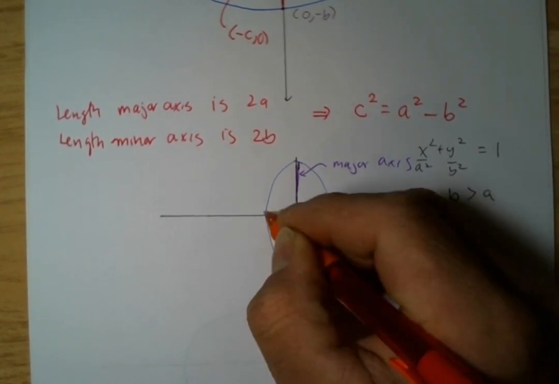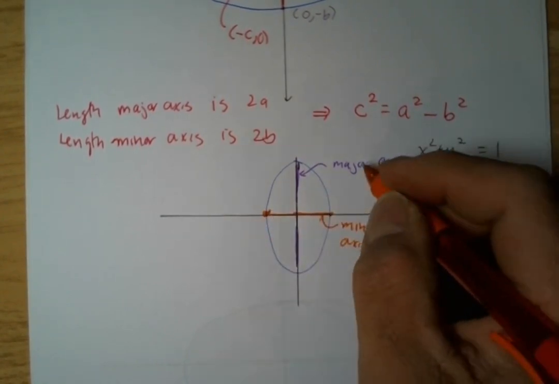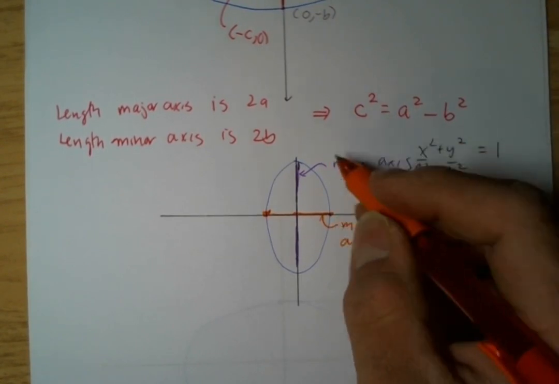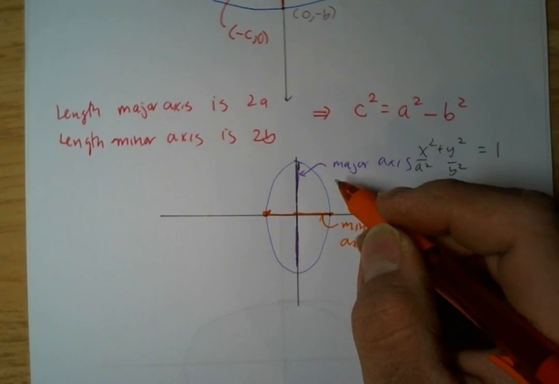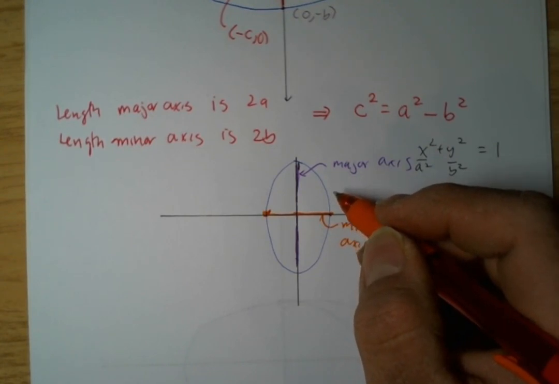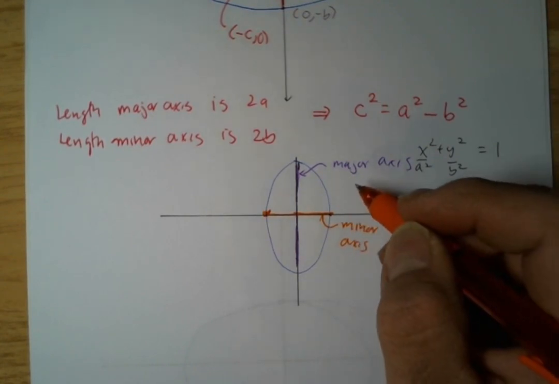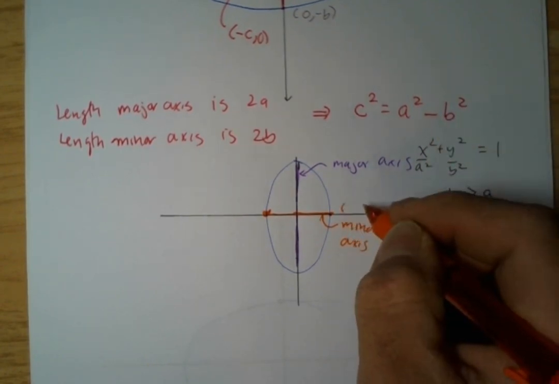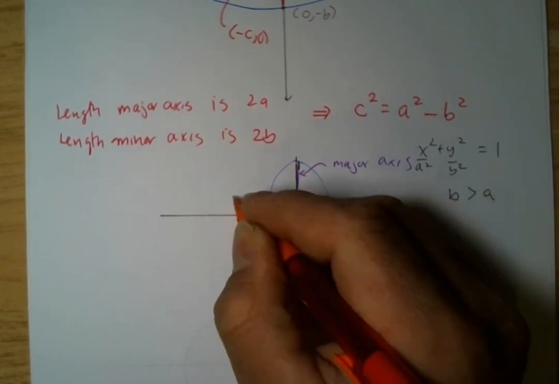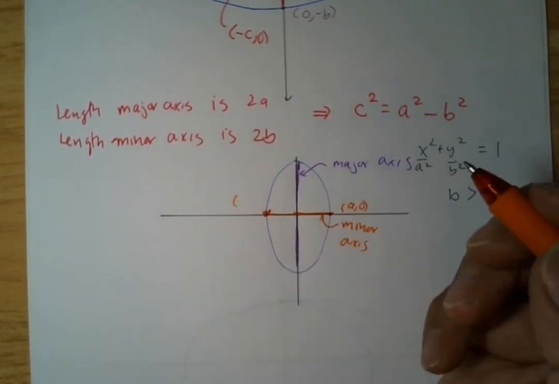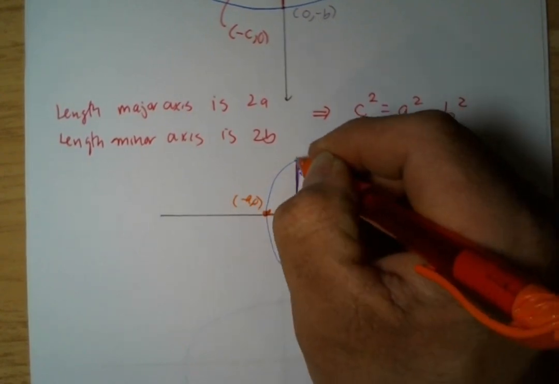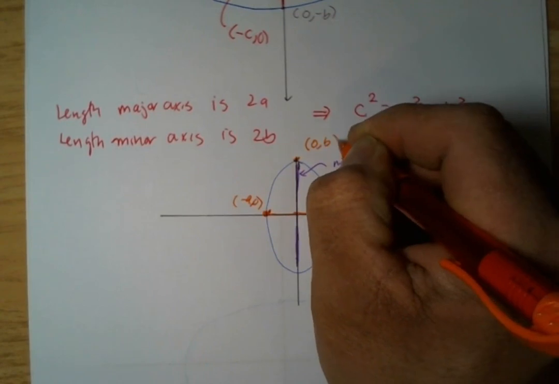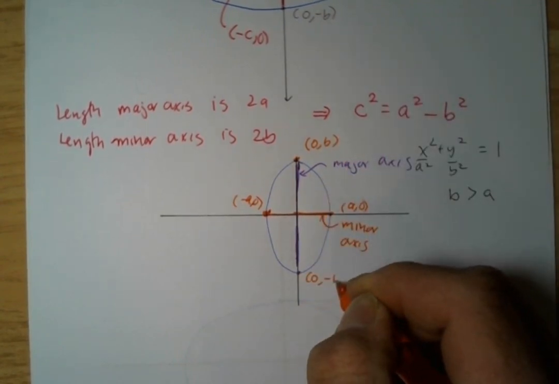All right, now the coordinates here, right, these are still (a, 0), (negative a, 0), and then over here we have (0, b), (0, negative b).